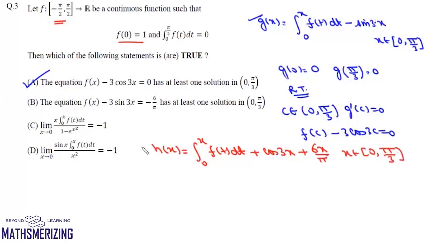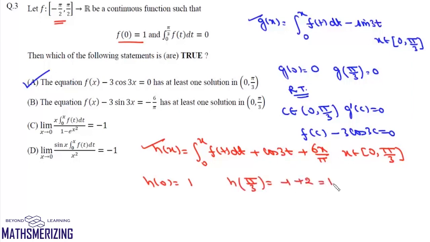Now this function again is continuous and differentiable. Now if we find h(0), it will be cos 0 which is 1, and h(pi by 3), this integral will be 0. Now cos pi is minus 1, and this value will be 2.